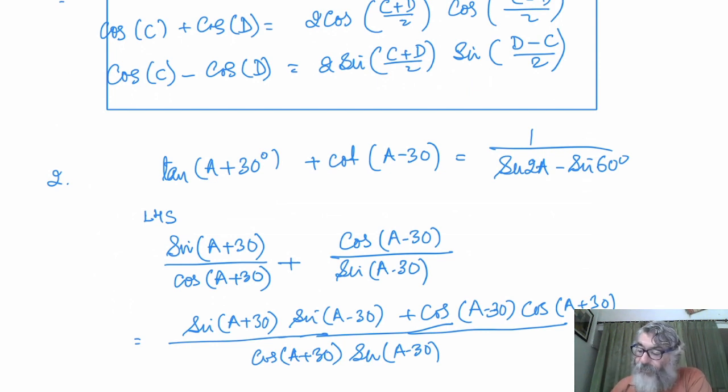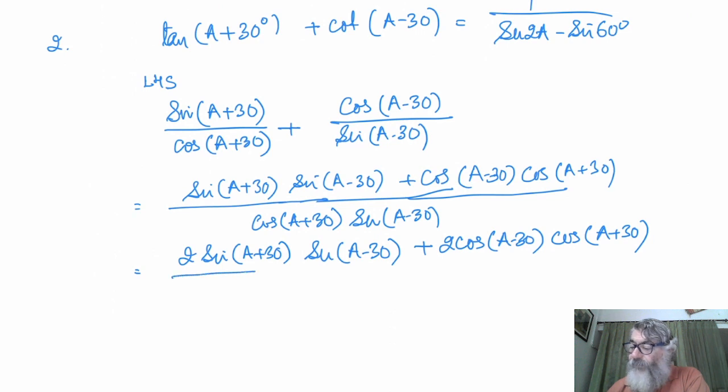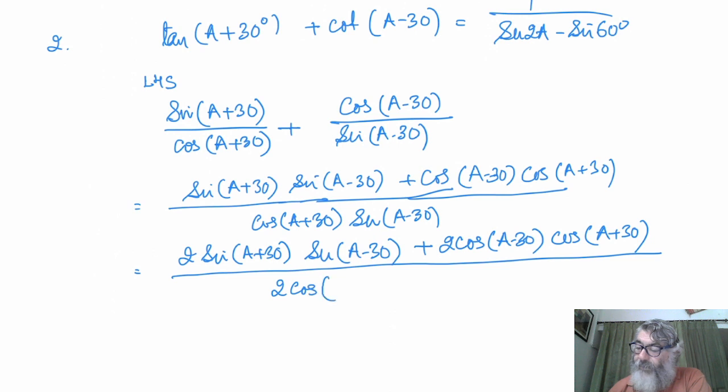So what I will do is divide by 2, multiply by 2. 2 sine(A+30) sine(A-30) plus 2 cos(A-30) cos(A+30) divided by, because I have multiplied the numerator by 2, so I will multiply the denominator also by 2, 2 cos(A+30) sine(A-30).